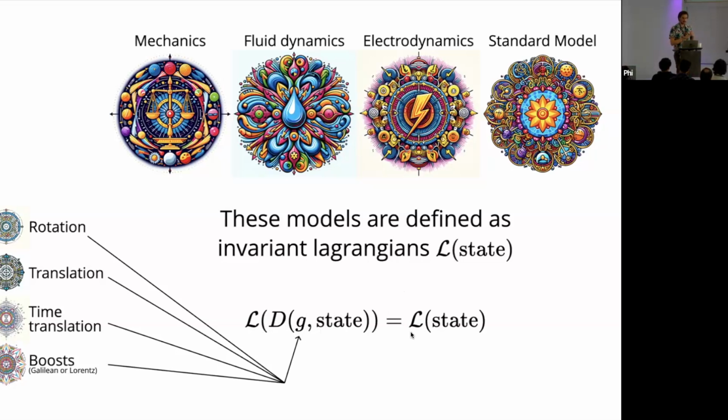And taking derivatives of the Lagrangian gives you equivariant functions. Because of that, everything you want to predict using one of these physical models will be an equivariant function. So if everything that physics can describe is an equivariant function, we should do the same with machine learning.